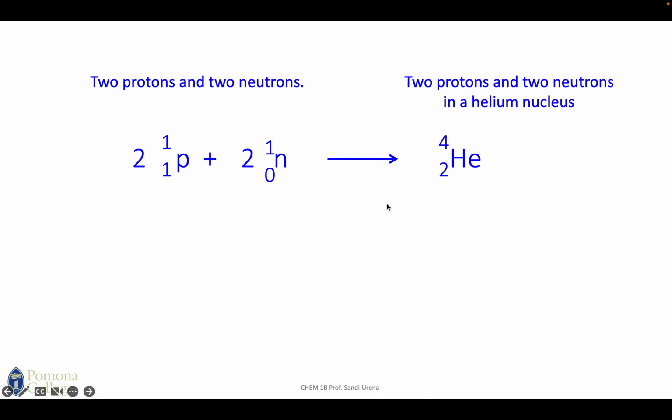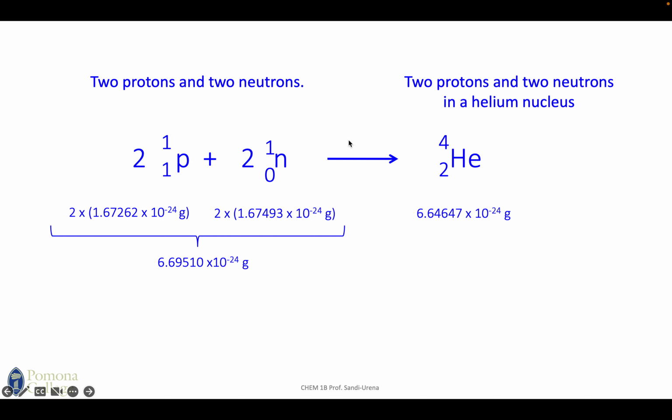If we look separately at these protons and neutrons and we look at them together in the helium nucleus, we come across something quite interesting that gets our attention, and that is that the mass is not the same. The mass of the quote-unquote reactants is not the same as the mass of the product.